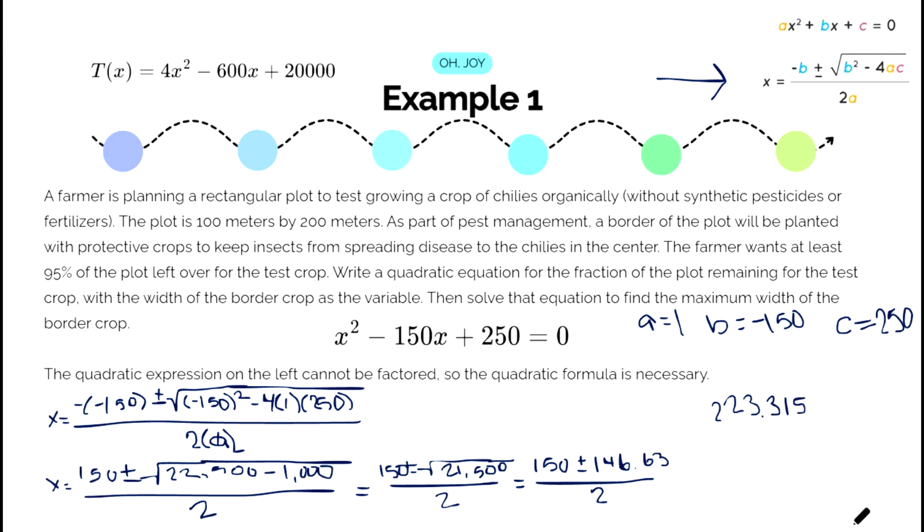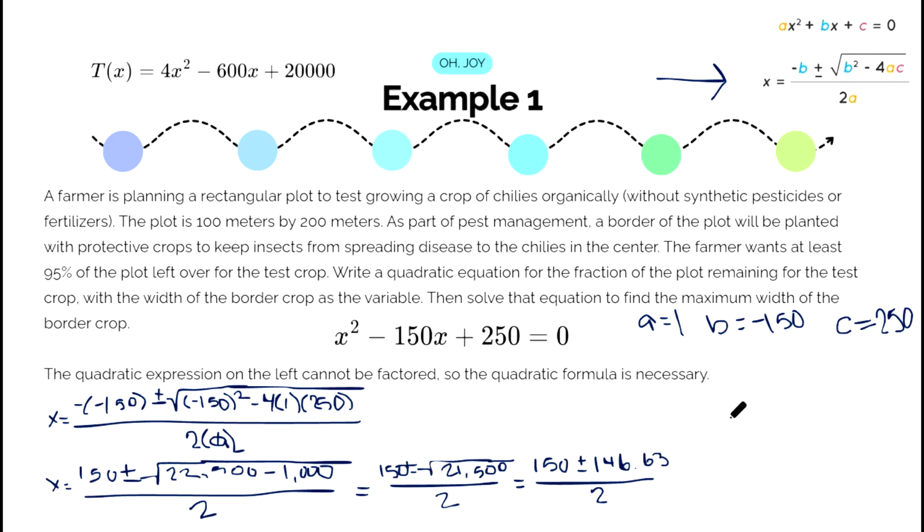Now we need to find the second answer. So we have 150 minus 146.63, which is 3.37, and we're going to divide that by 2. Oh, wait, I'm doing this wrong. This calculator is different, so this number's probably wrong too.